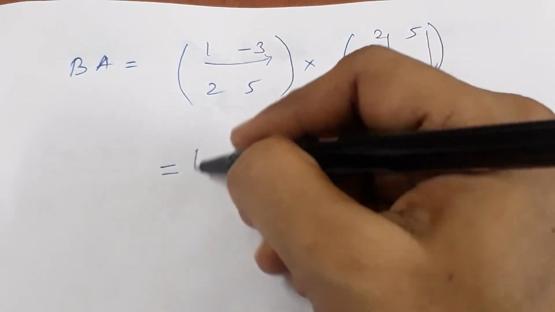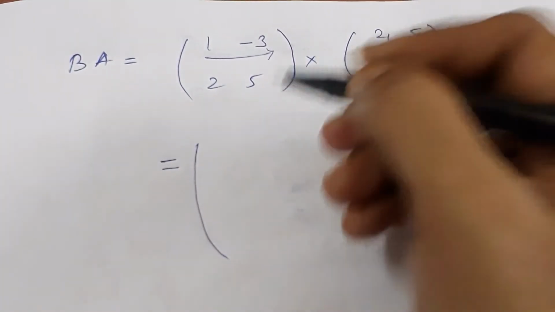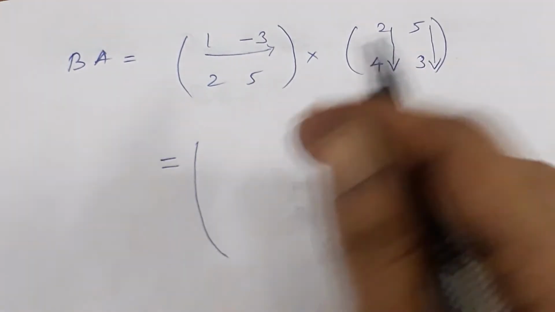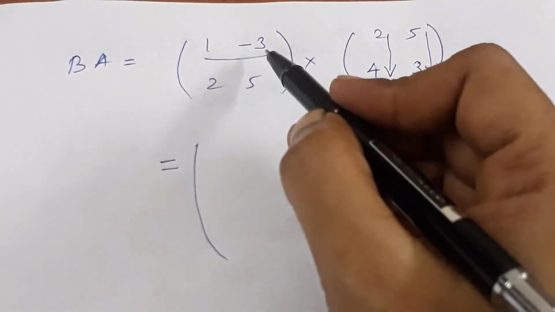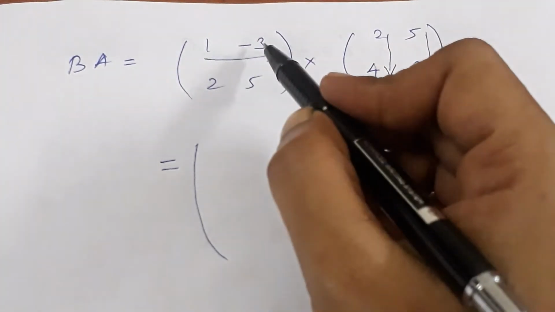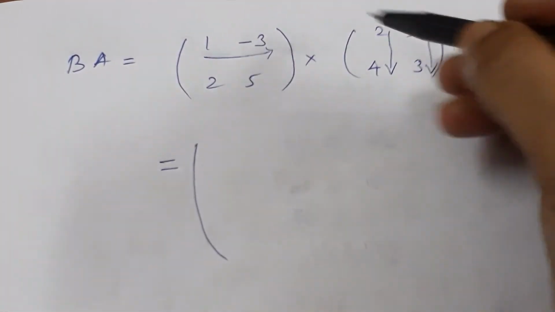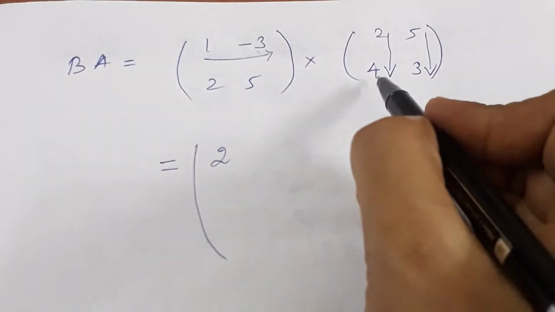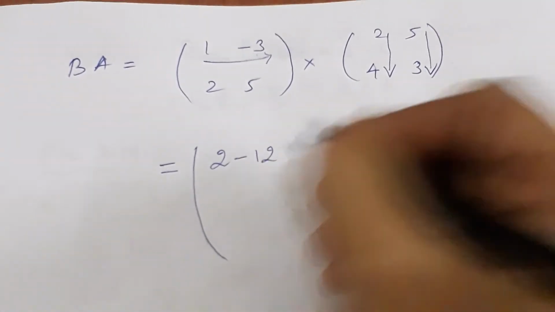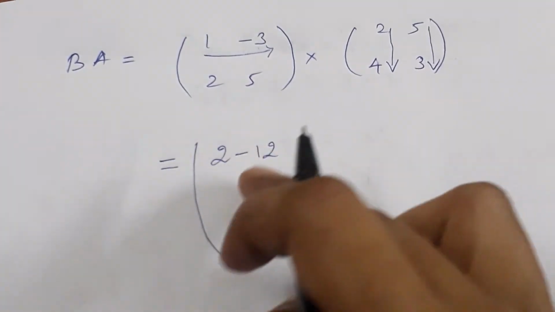Our first entry is the first row times the first column: 1 into 2 is 2, minus 3 into 4 is minus 12. So this is our first entry.